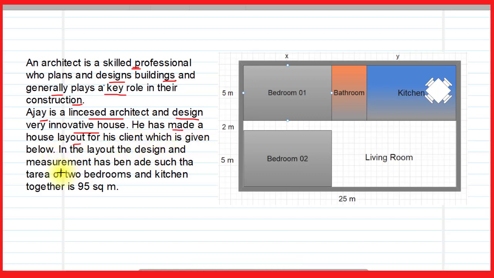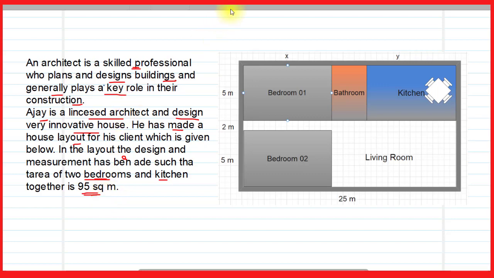In the layout, the design and the measurements have been added such that the area of 2 bedrooms and a kitchen together is 95 square meter. Here what is given is that the area of 2 bedrooms and kitchen together is 95 square meter, and you have to answer the following questions.